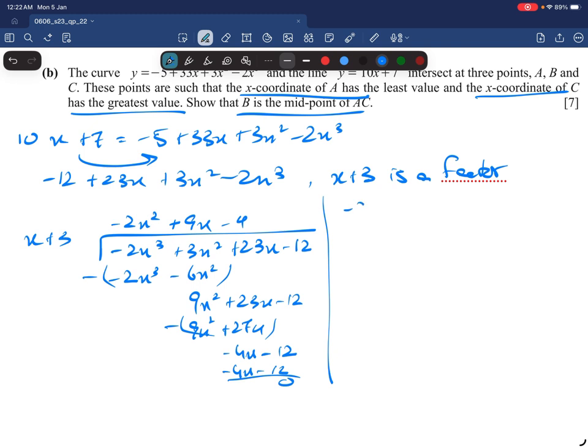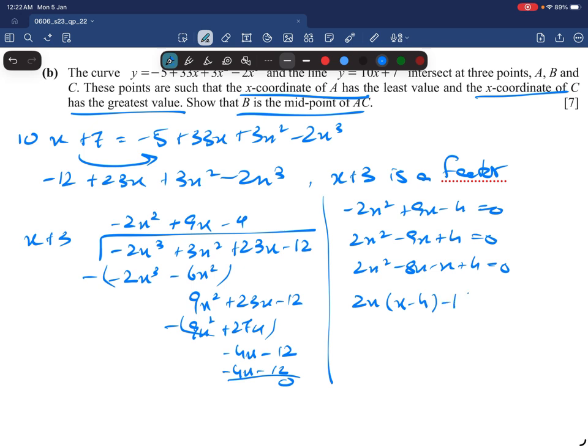We get minus 2x squared plus 9x minus 4 being equal to 0. And all you gotta do is solve for x. 2 into 4 gives us 8, should be minus 8x minus x plus 4 equal to 0. 2x, x minus 4, minus 1, x minus 4 is equal to 0. x equals 1 upon 2 or x equals 4.